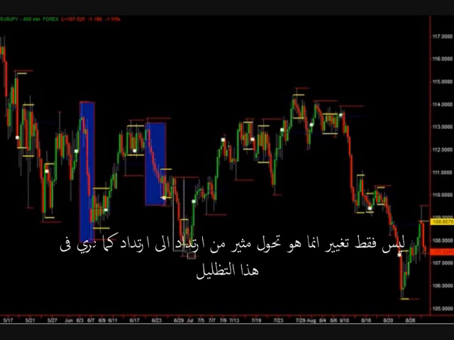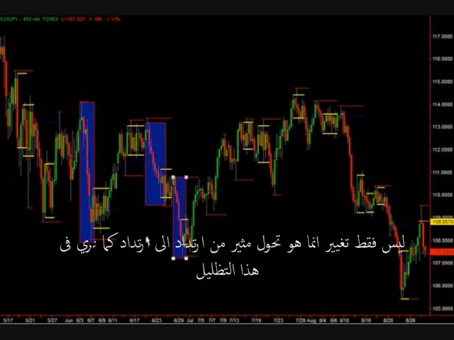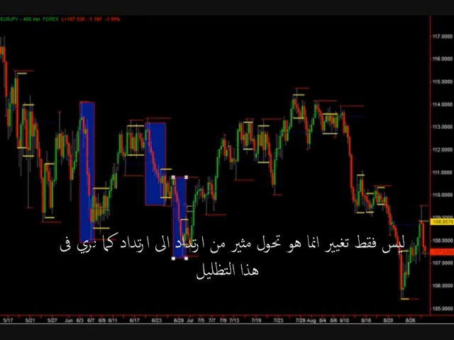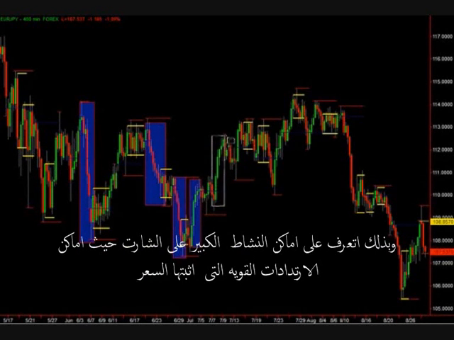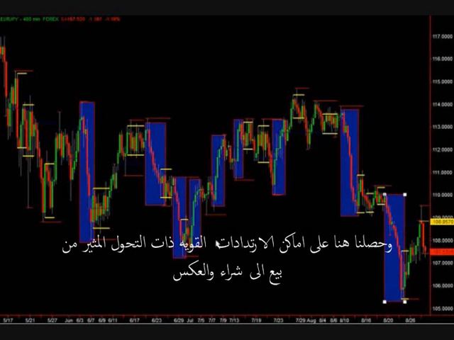So what we can see me marking off right now is literally identifying some of the larger movements in price activity with the blue shaded boxes. So we can identify these as locations on the chart where price has already proven, where we've identified that the balance of power has changed.